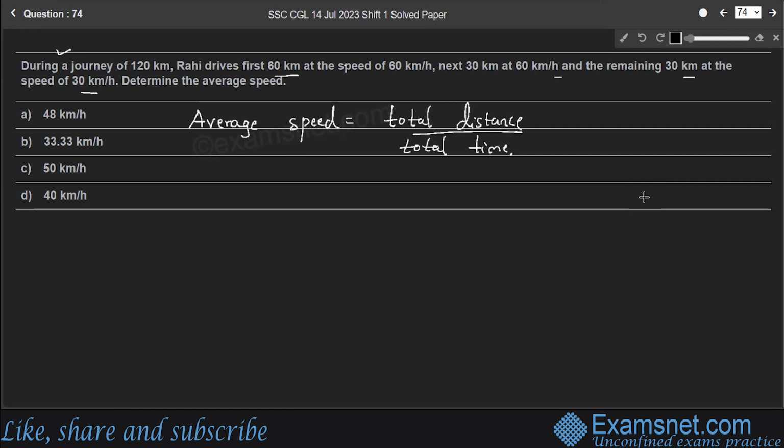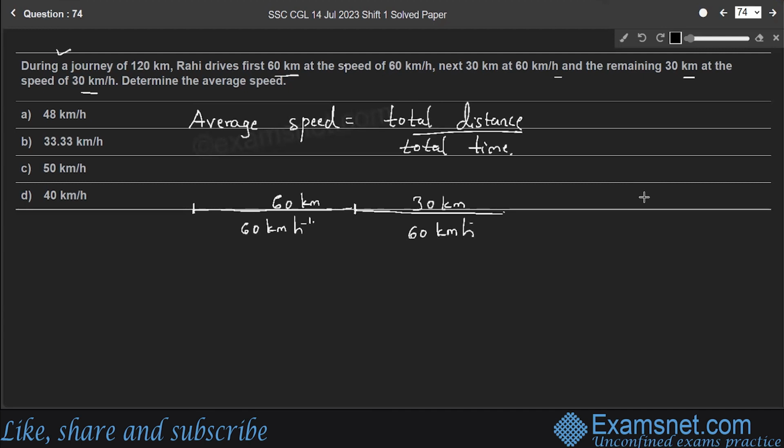So during the journey, Rahi drives at the speed of 60 km per hour, and covers 60 km distance with this speed, right? In the next part of the journey, Rahi covers 30 km with the speed of 60 km per hour.